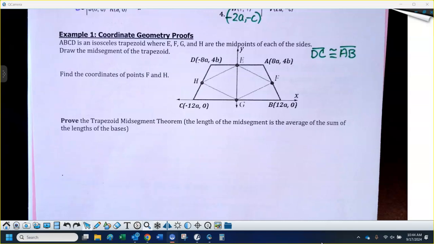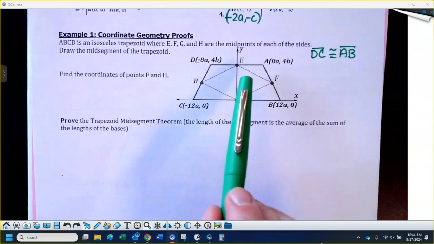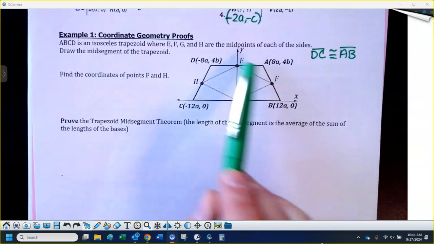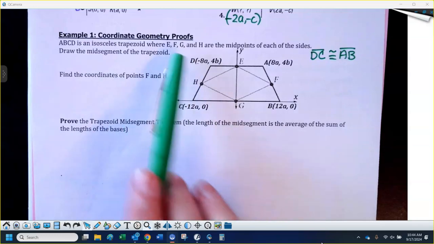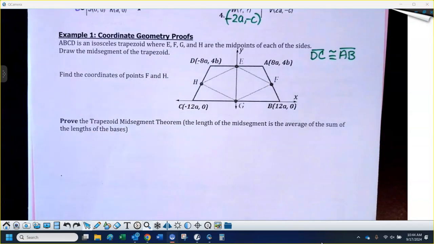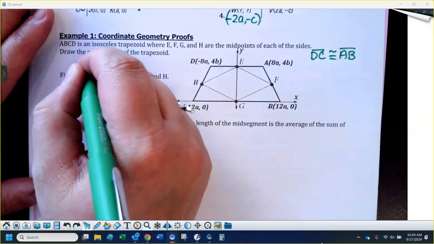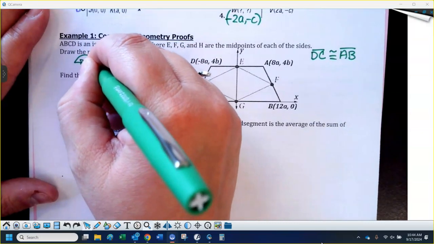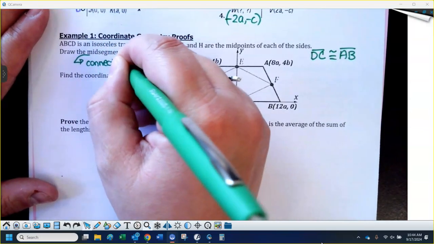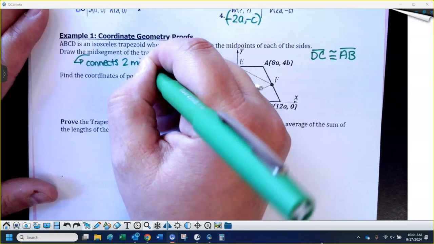Now, they say in the directions that these other points they've labeled, E, F, G, and H, are midpoints of each of the sides. And we're going to draw the mid segment, is what it asks you to. A mid segment connects two midpoints.